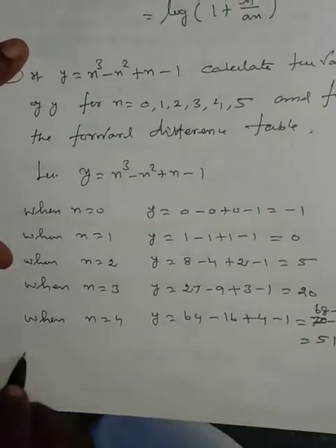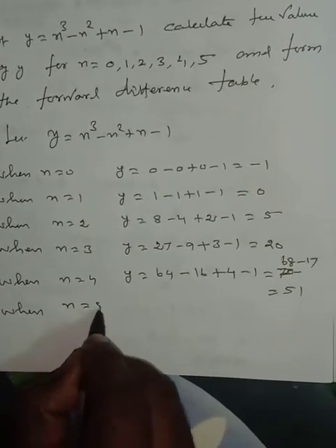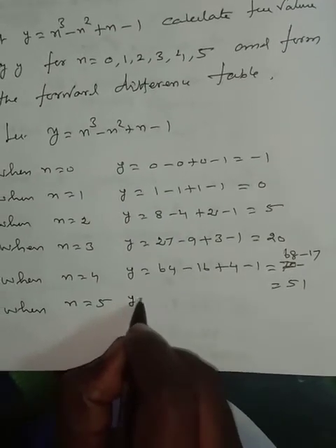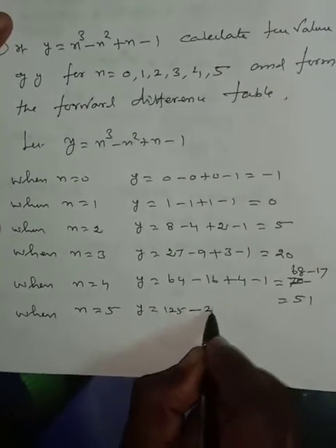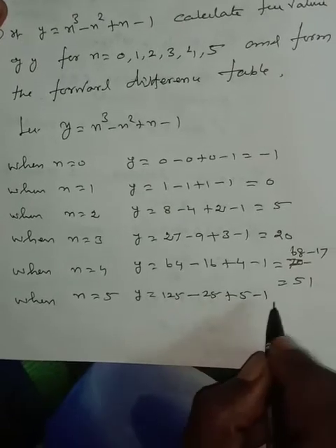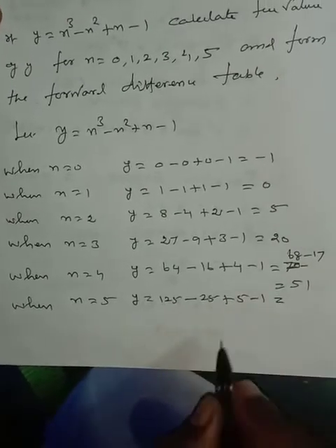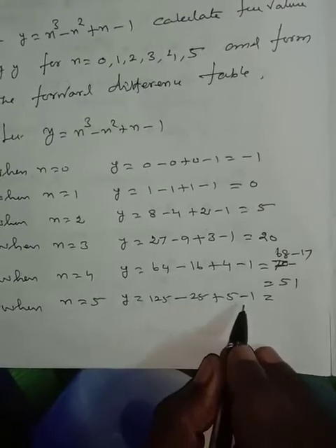When x is equal to 5, y is equal to 5 power 3 is 125, minus 25 plus 5 minus 1, which is 125 minus 21, that is 104.